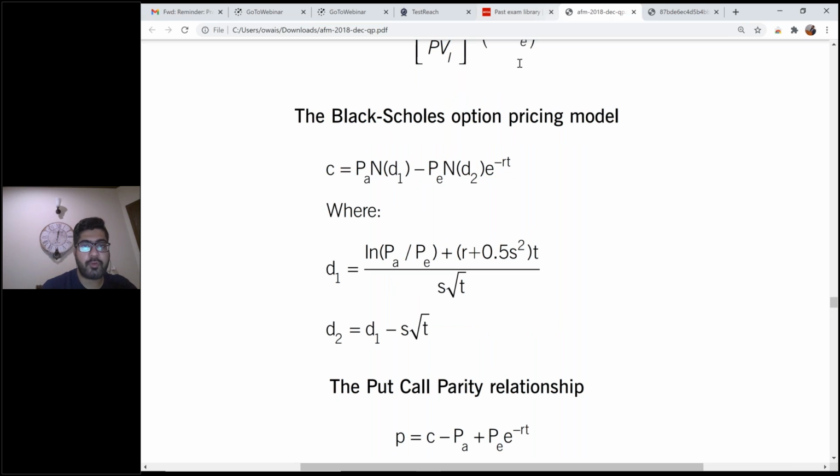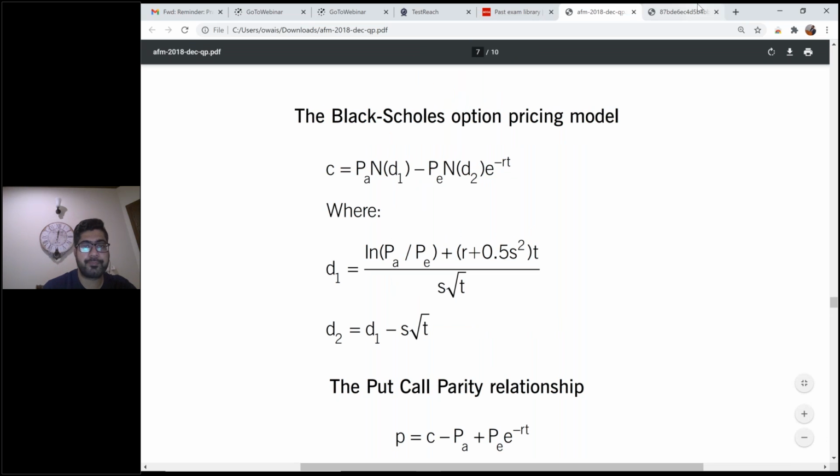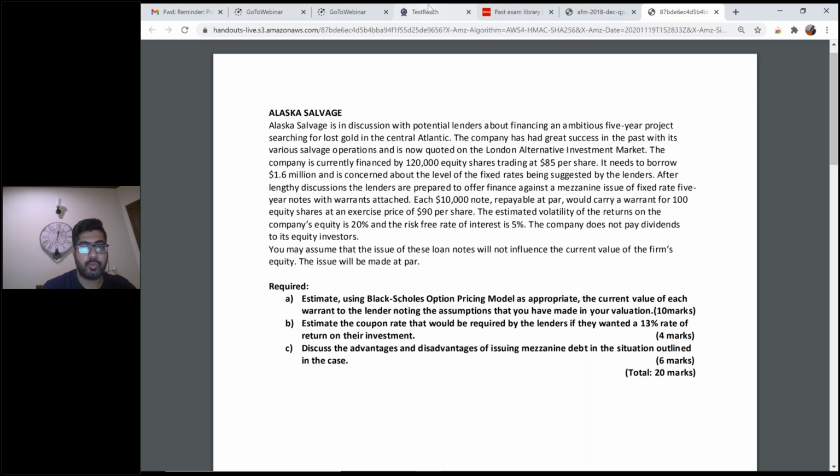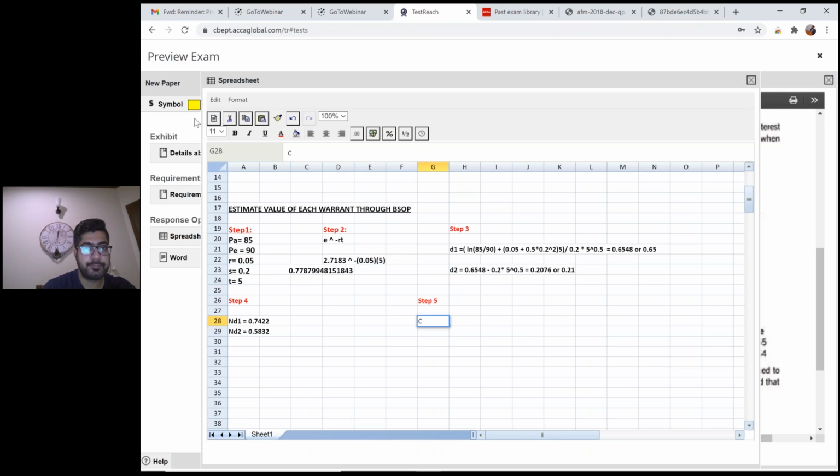So let's apply the formula of the call option, PA N(d1). C, the call option value, equals PA. PA is 85, times ND1. What is ND1? 0.7422.